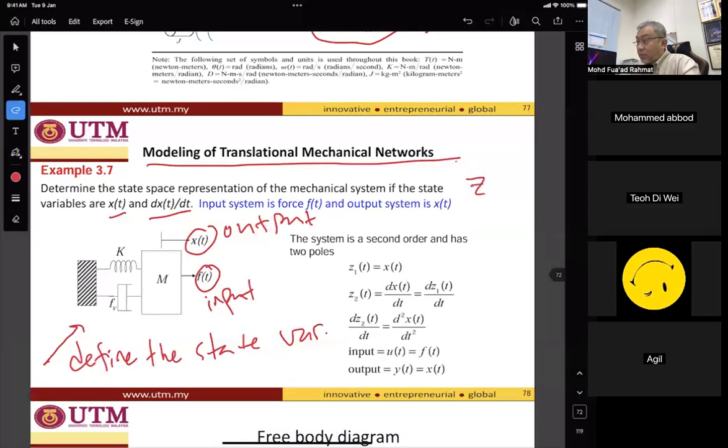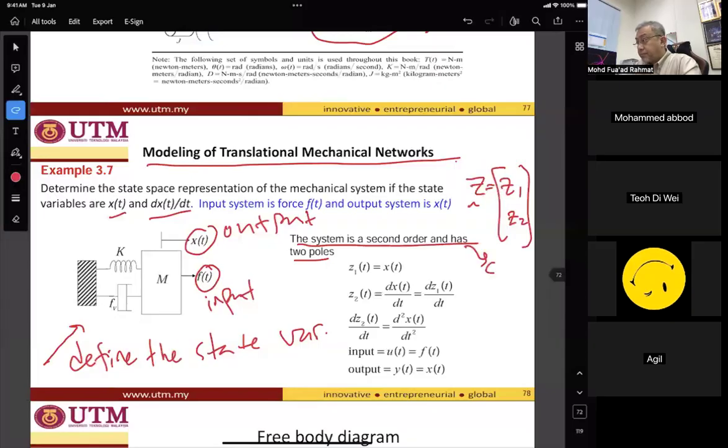Okay, so the state vector is z1 and z2, which stand for state variable 1 and state variable 2. Okay, so we can use other letters if you want, but most of the books use z for the translational mechanical system.